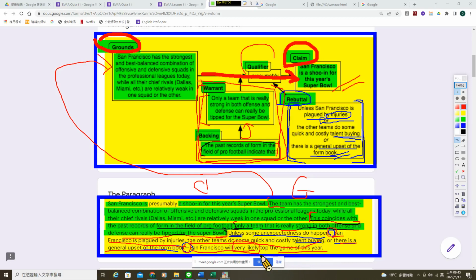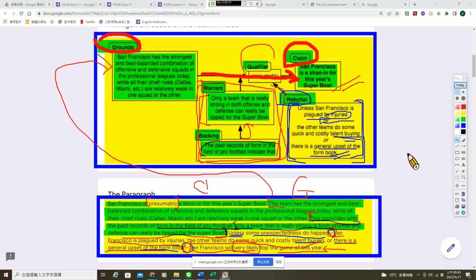Top the game, this is our conclusion, right? So we go back to reflect our claim. And here we need to add in a small qualifier, presumably. Presumably means very highly likely, but not necessarily sure. Okay, so you see, this is the whole structure.